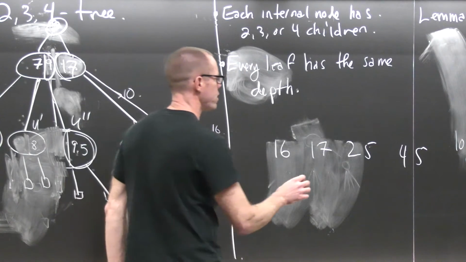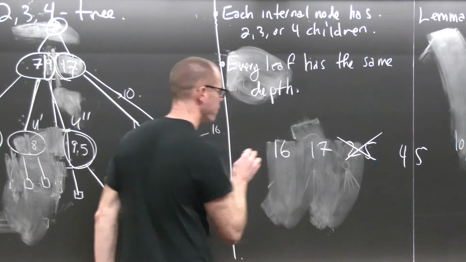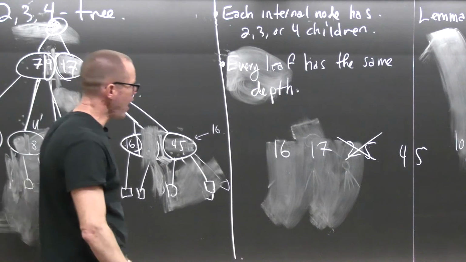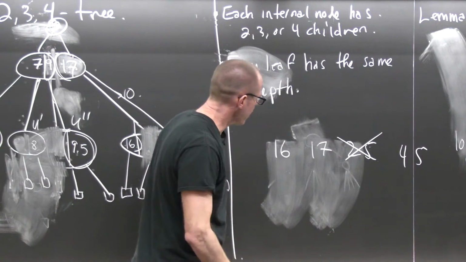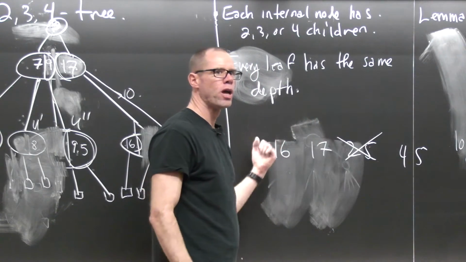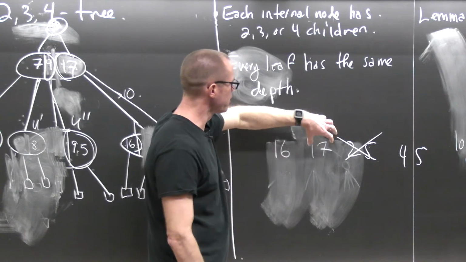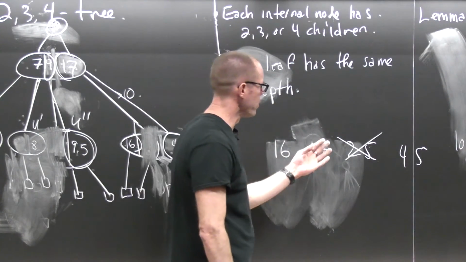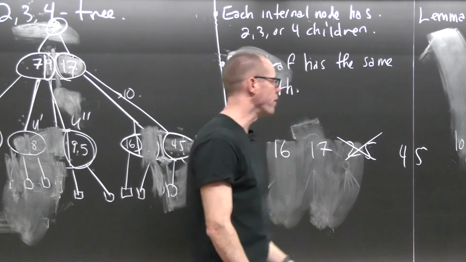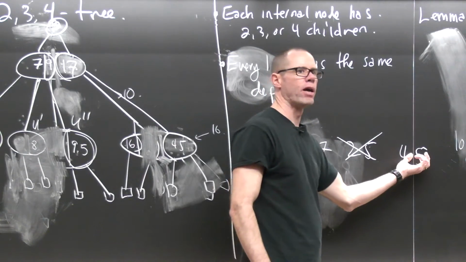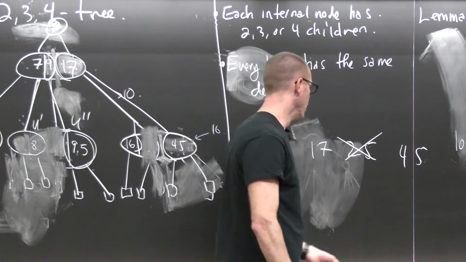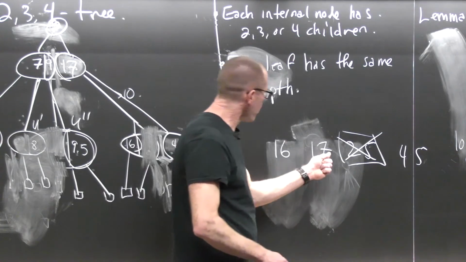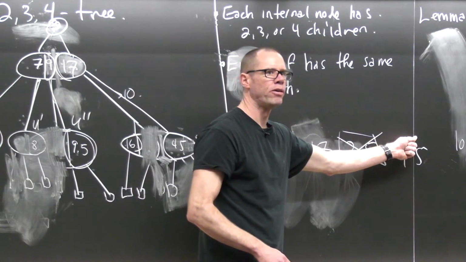Now, someone asked us to get rid of 25. So we want to replace it with something that if we compare to it, we go in the right direction each time. So we actually had two options. We could use 17. If you're smaller than 17, you should be going off here to the left. If you're bigger than 17, you should be going off here to the right. Or we could have used 45, actually. That also would work. So whenever you're getting rid of a number, you can use either the one that comes before it or the one that comes after it as its replacement.